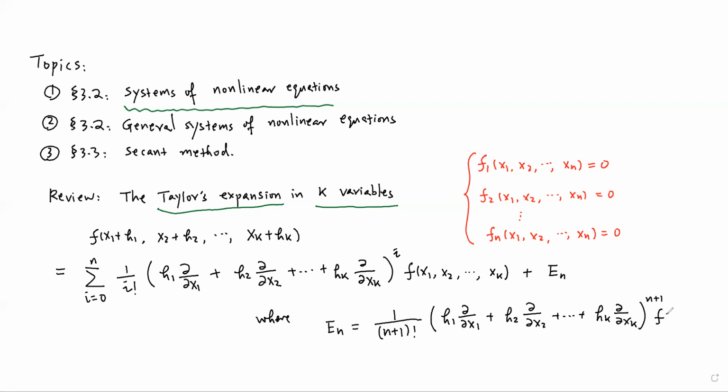Take the derivative of the function. After computing this derivative, plug in the point x1 plus theta h1, x2 plus theta h2, up to xk plus theta hk. Where theta, we don't know what theta is, but we are sure theta is between 0 and 1.